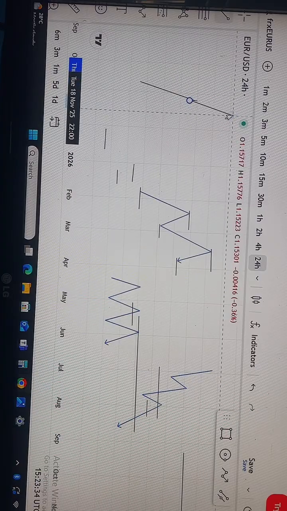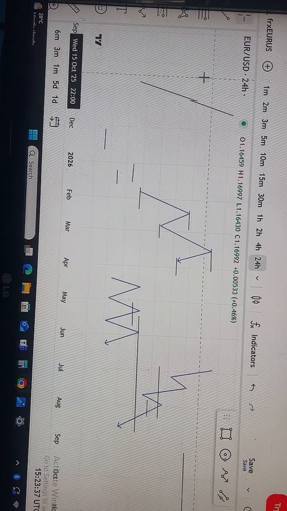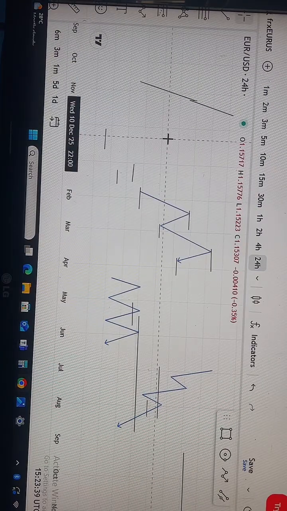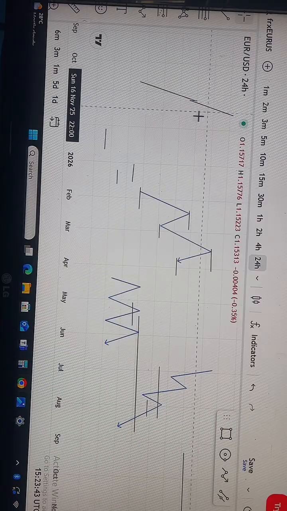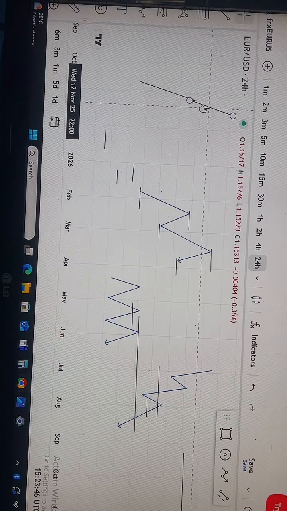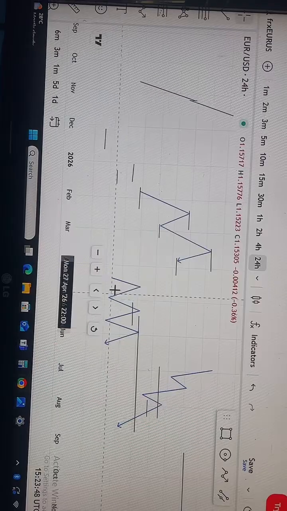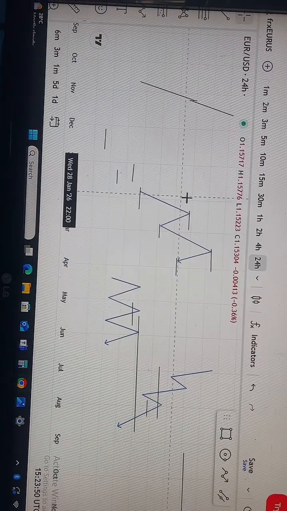So this is more or less like a higher high. There is no low. This is a higher high. In the case of a lower low, it's the inverse. You can turn this the other way around.